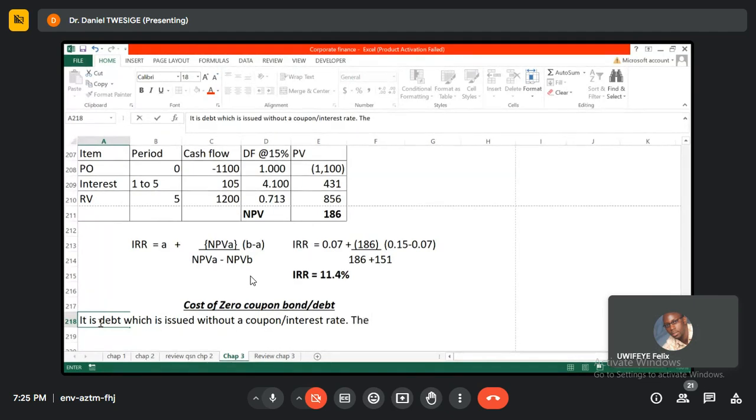So the return on the zero coupon is the interest. Is the difference between the par value and the market price.